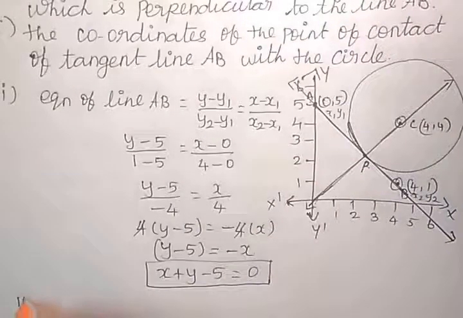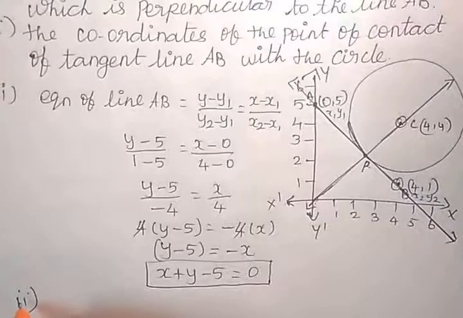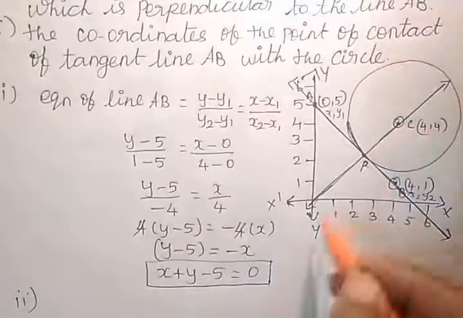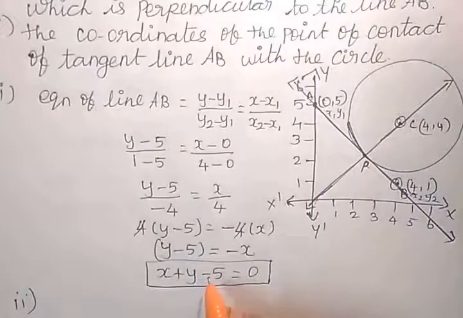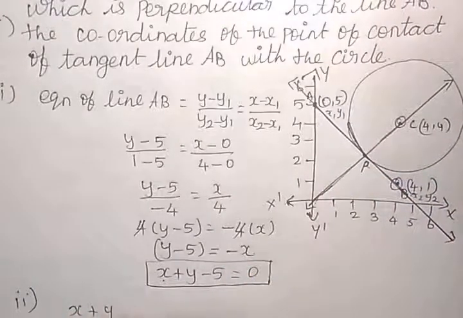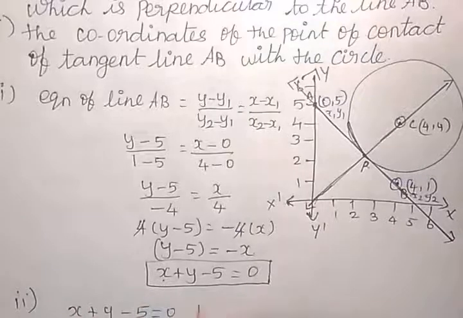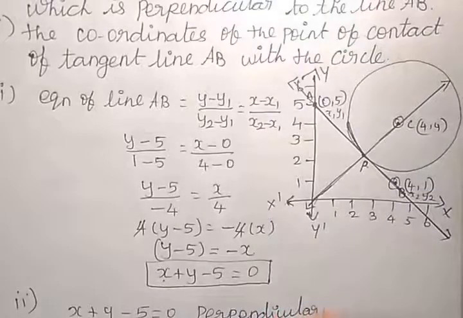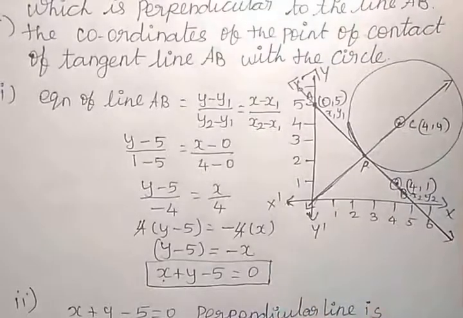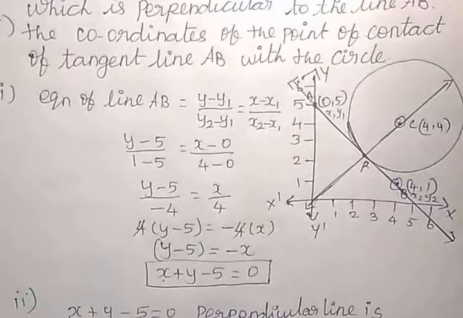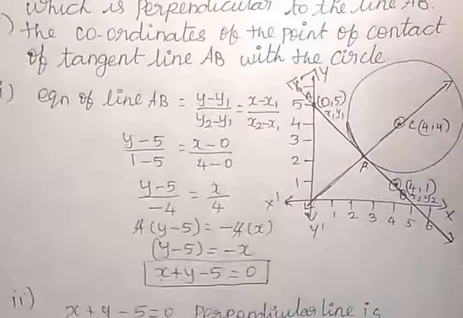The second question they are asking is the equation of the line through C. They are asking for this line CP, which is perpendicular to AB. We already know the equation of perpendicular lines: the first line equation is x plus y minus 5 is equal to 0, and the perpendicular line is obtained by changing the x and y coefficients, so that is 1 and this is also 1. So x minus y plus k is equal to 0.